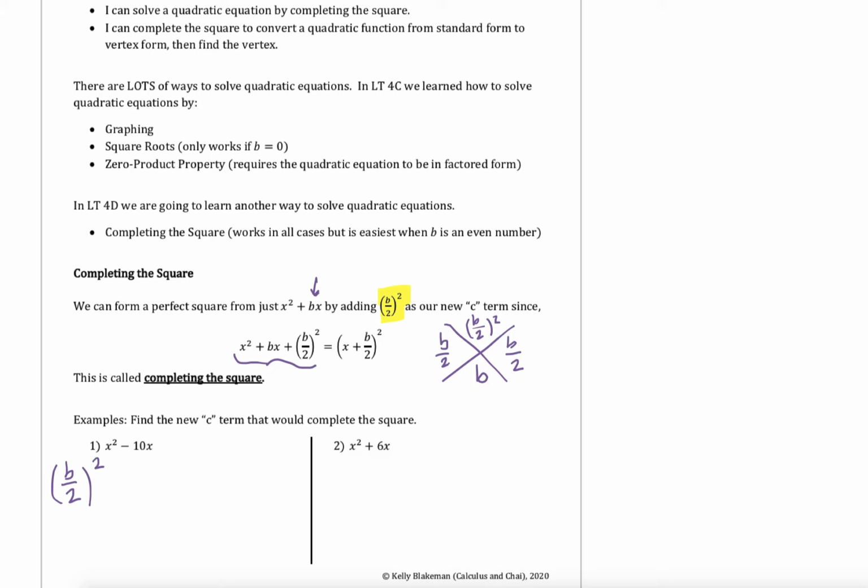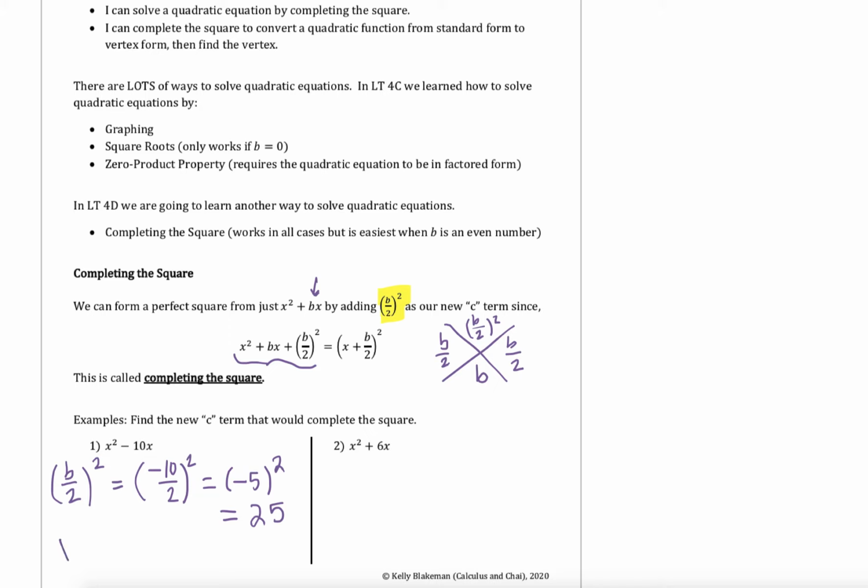In this case, our b value is negative 10. So we're computing negative 10 over 2 squared, which if we simplify the inside of the parentheses first, negative 10 over 2 is negative 5, and then negative 5 squared is equal to positive 25. This right here is that new c term.